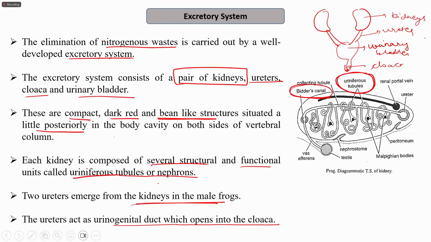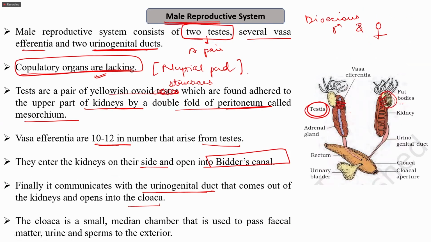So the genital product, that is the sperm, enters into the urine system, the excretory system, and now it will come out through the cloaca. The cloaca is a small median chamber that is used to pass fecal matter, urine, and sperms to the exterior.